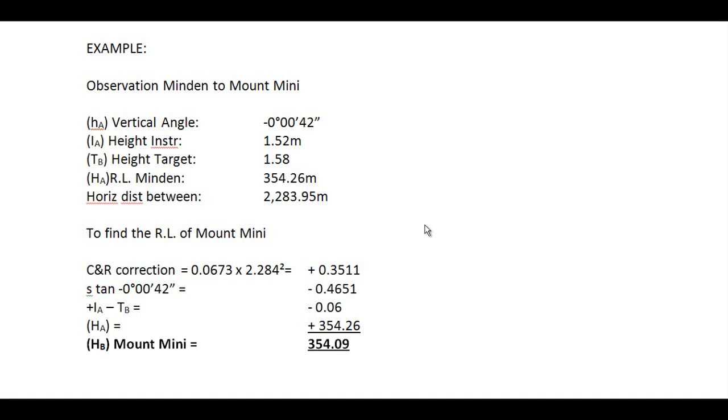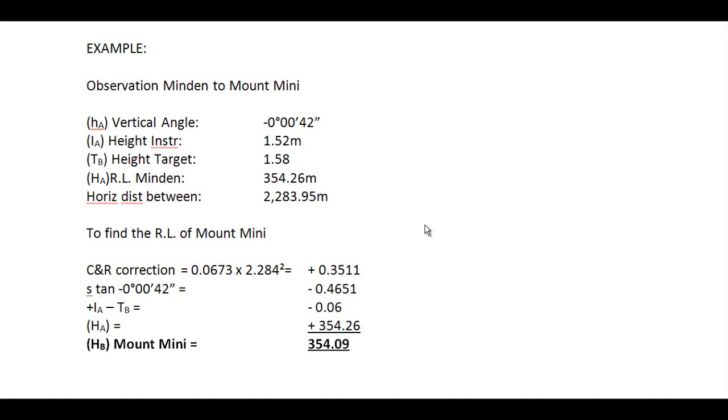That would be obtained by subtracting 1.58 from 1.52. So 1.52 minus 1.58 gives us negative 0.06. Notice how we're retaining the signs. And the height of A, or the RL of Minden, 354.26.